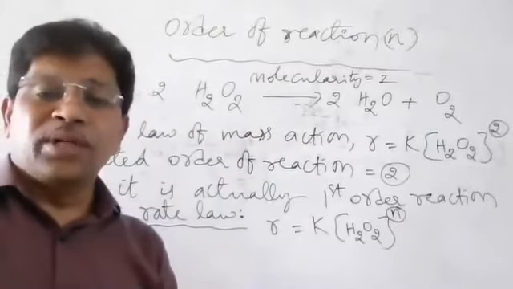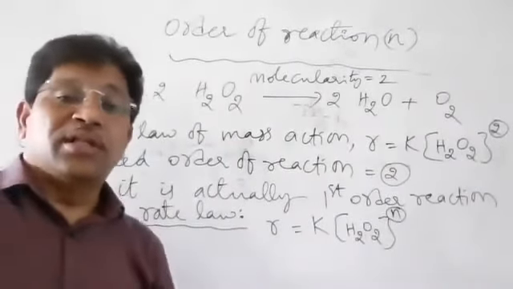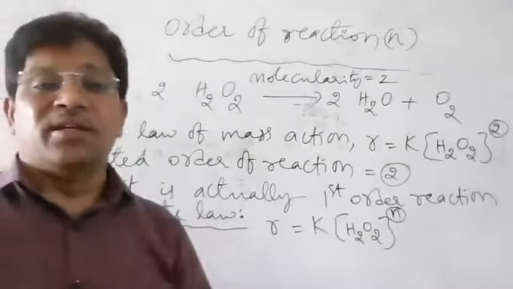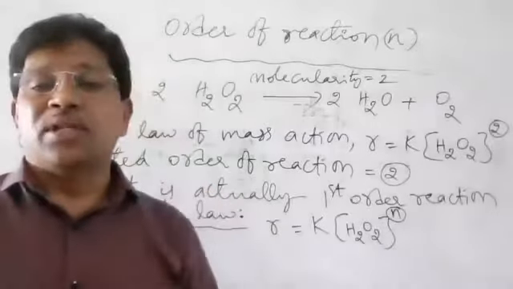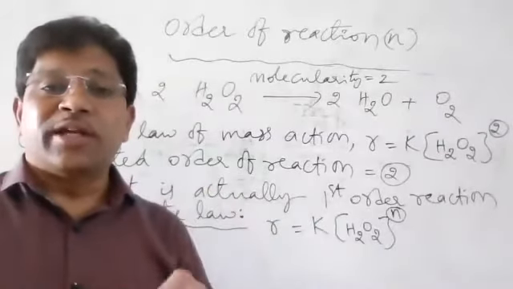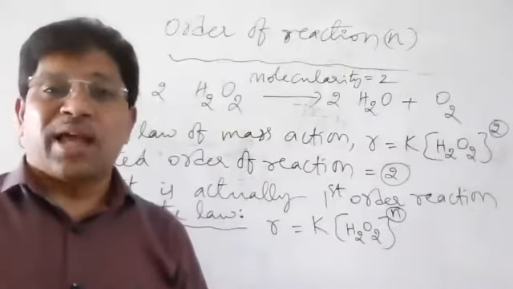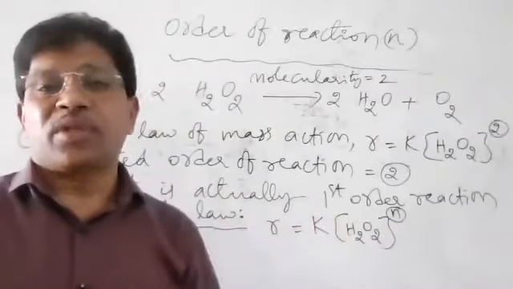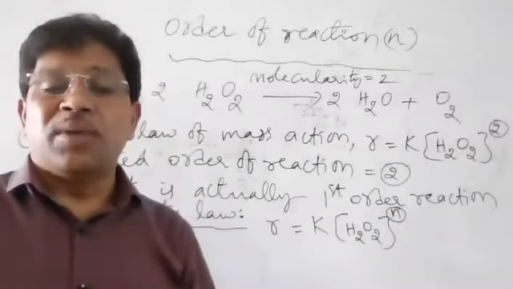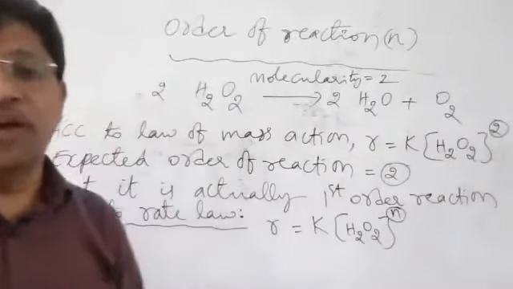The slow step decides the rate of reaction. That's why the slow step of a complex reaction is called the rate determining step. That point we have to understand here.